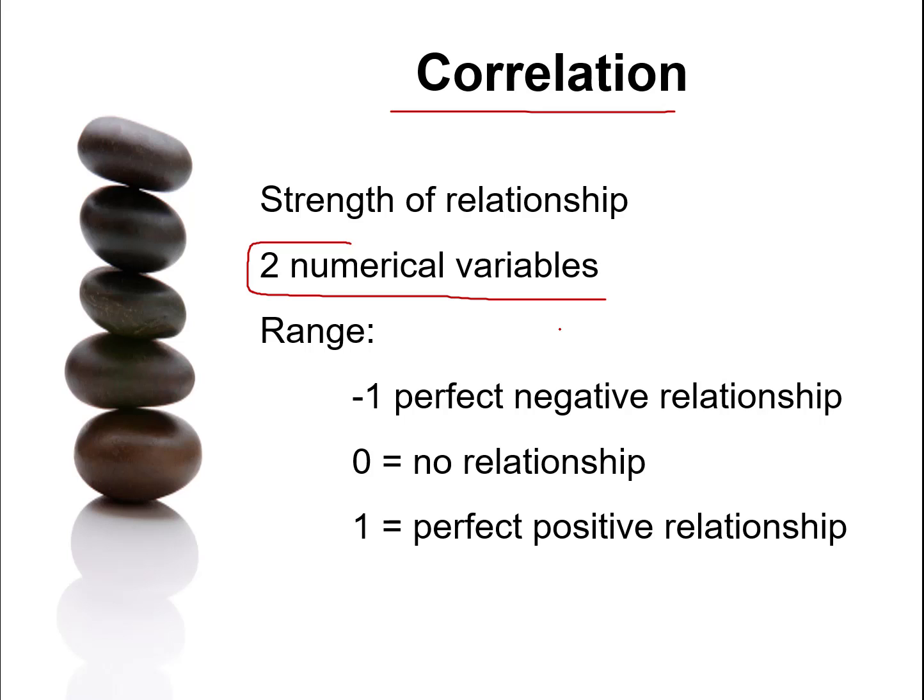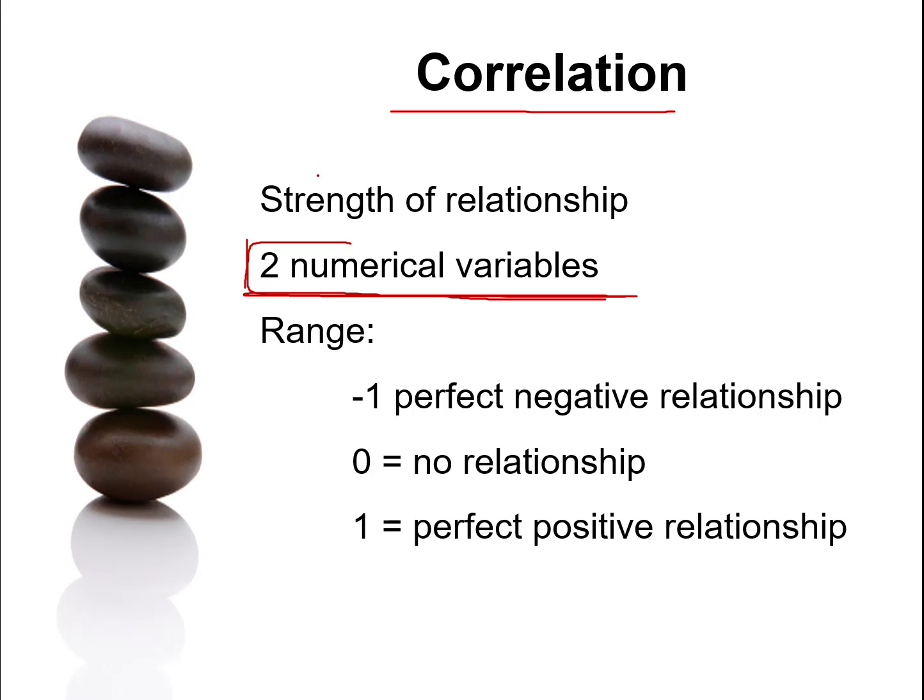Now, as we'll be seeing later on, we actually can use a correlation in situations where I have categorical variables. It's just that a correlation isn't as easy to interpret in those situations. So a correlation is especially easy to interpret when we have two numerically scaled variables, two variables that range from high to low. And that's what we'll be focusing on here.